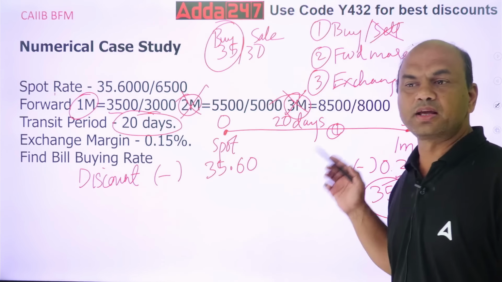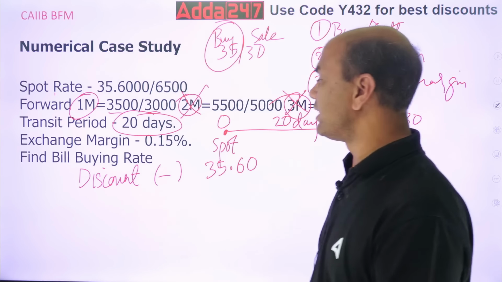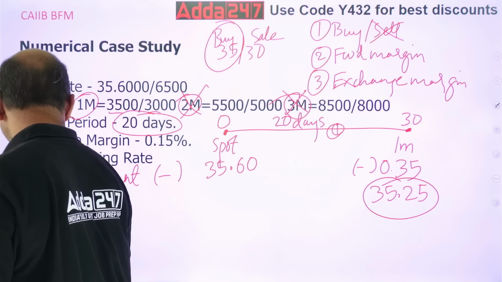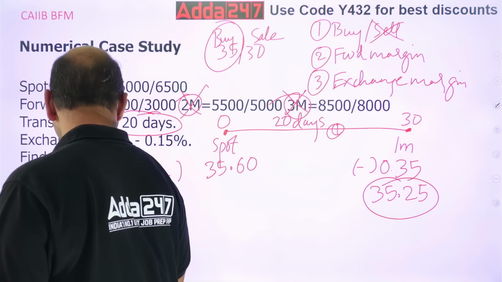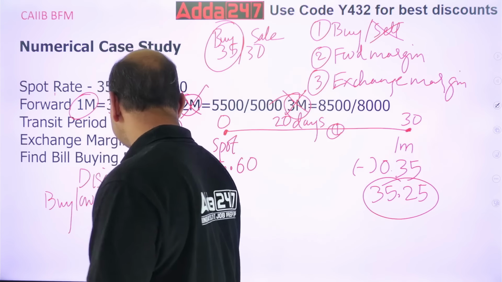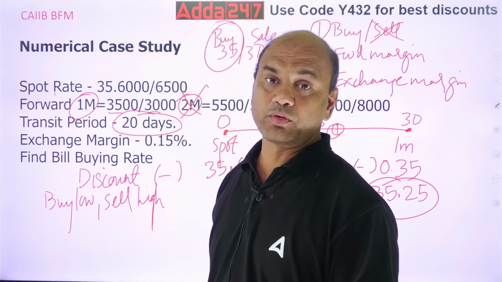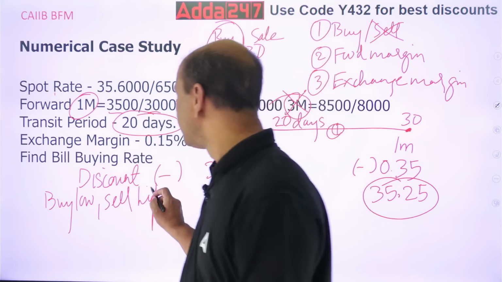Whenever I am dealing in between, I'll have to use the concept of buy low, sell high. Kindly remember, buy low, sell high. Are you buying or selling? You are buying, so forget sell high.